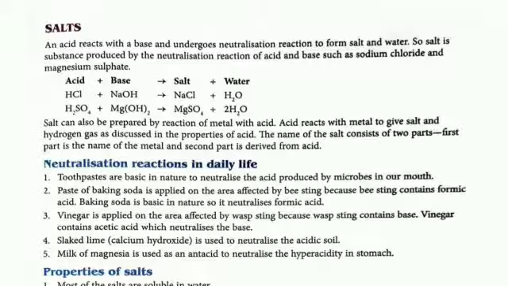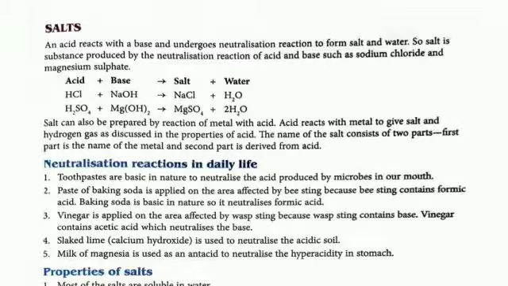Okay. So salt can also be prepared by another method, reaction of metal with acid. This we have already studied in the acid part. Acid reacts with metal and gives salt plus hydrogen.